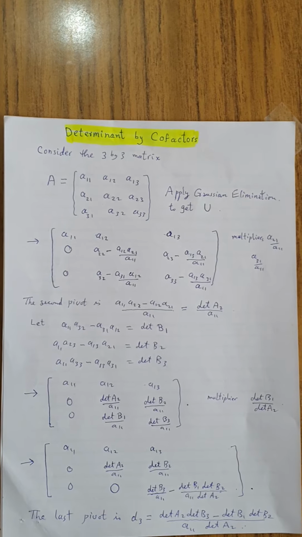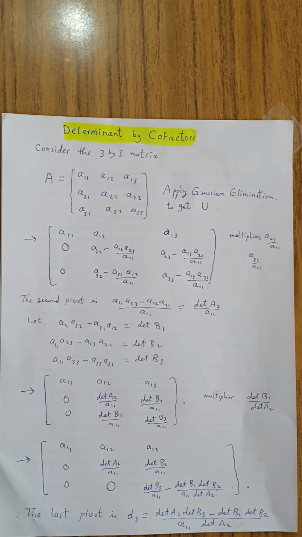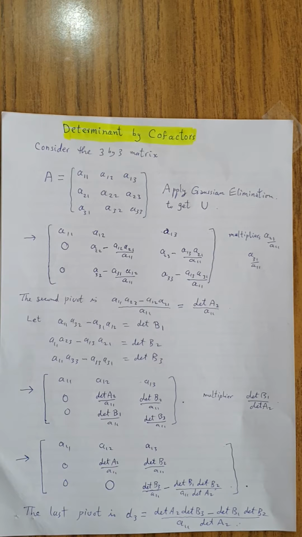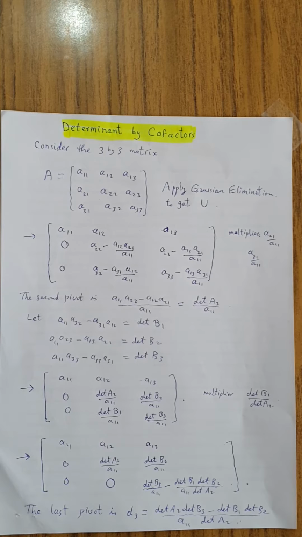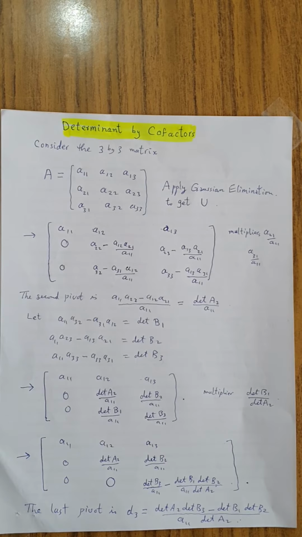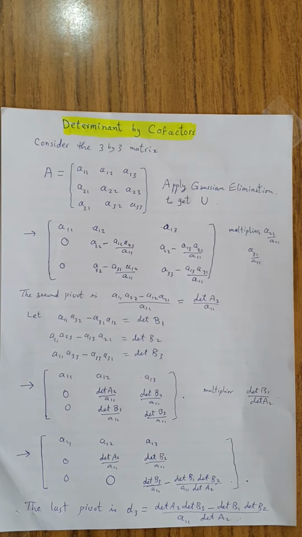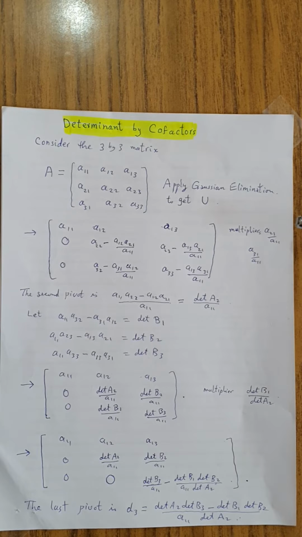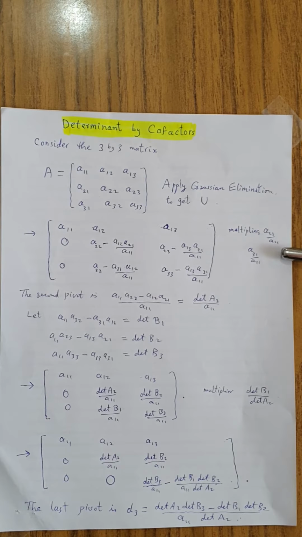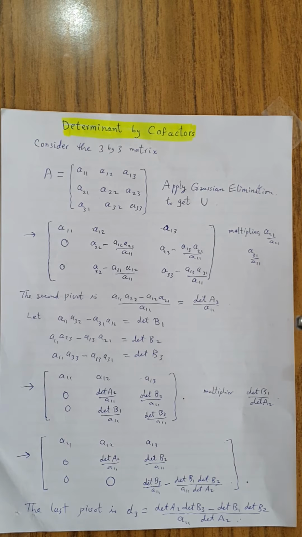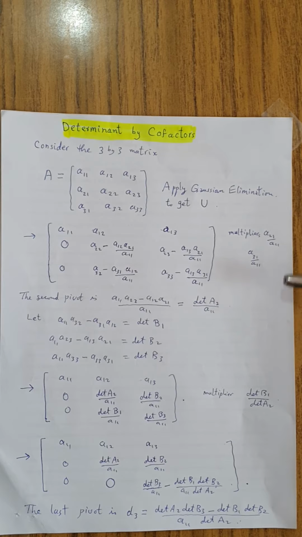If we consider the 3×3 matrix A, whose elements are Aij, where i is the row index and j is the column index, and we apply Gaussian elimination to get U, the first multiplier for the first column is A21 over A11, and the second multiplier for the first column is A31 over A11.